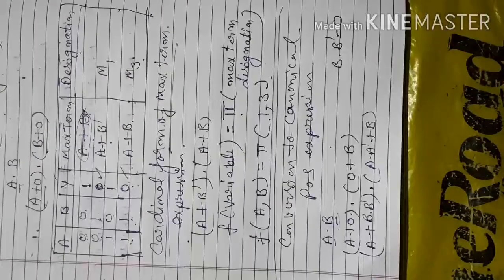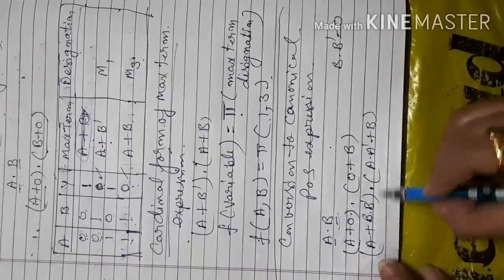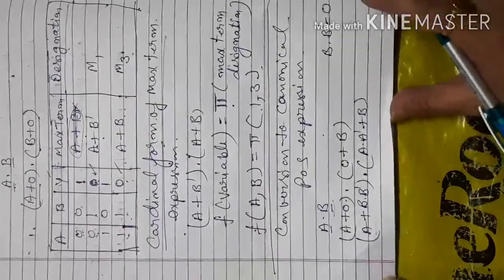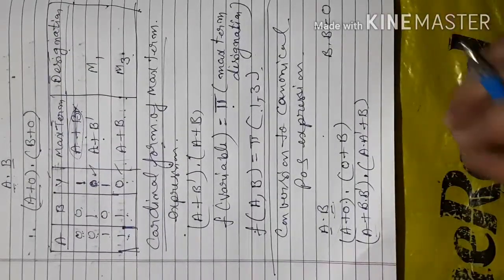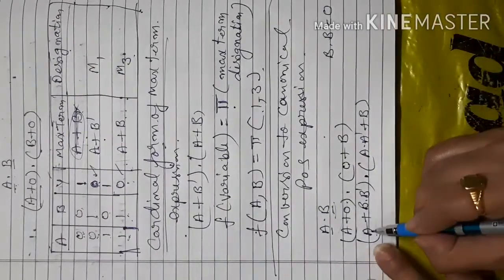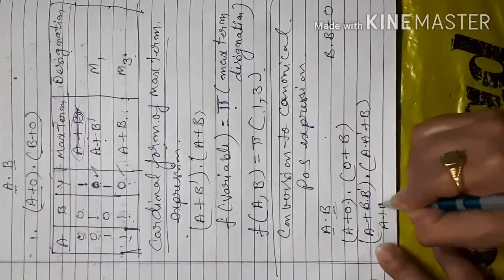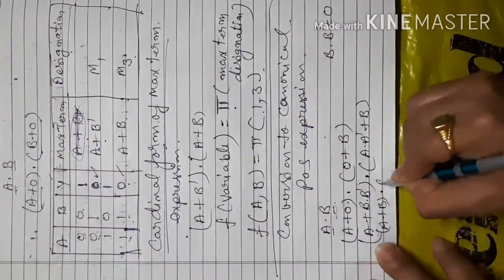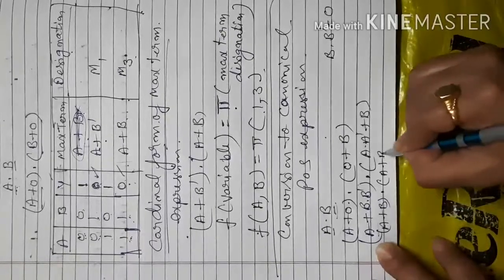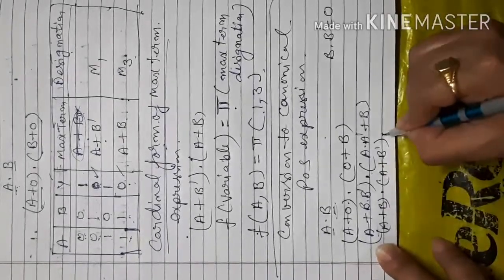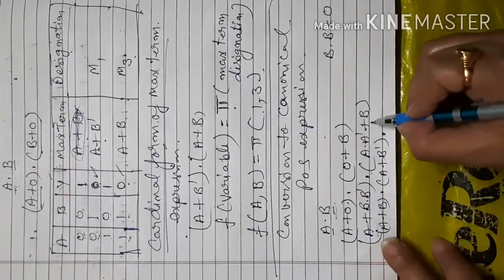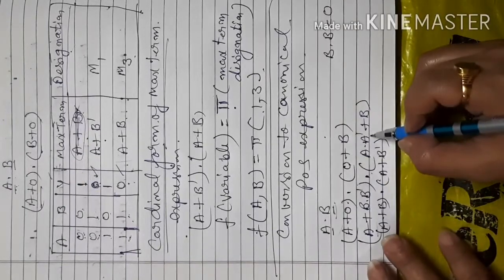Next I have to open this. I have to apply the distributive law, that is my distributive law, a Boolean algebraic law. First open A plus B dot A plus B complement, and now we open this also. So how will we open this one?